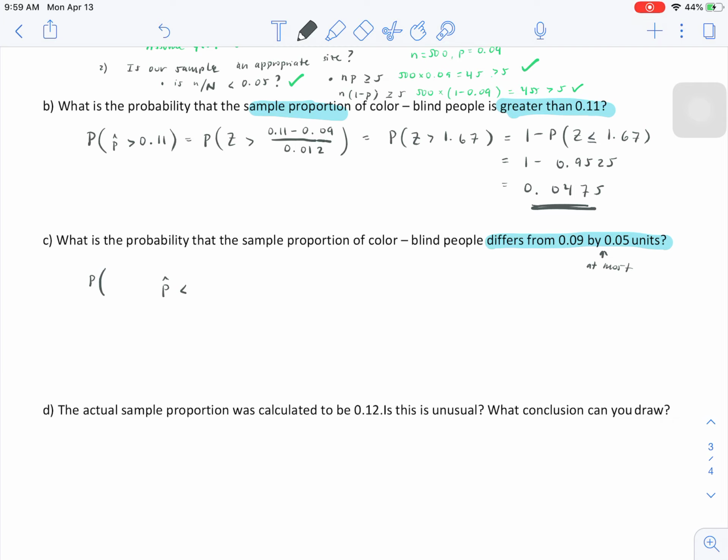In other words, what's the probability that the sample proportion is within 0.05 of the population proportion? So in other words, it can be 0.05 more than the population proportion, or 0.05 less.